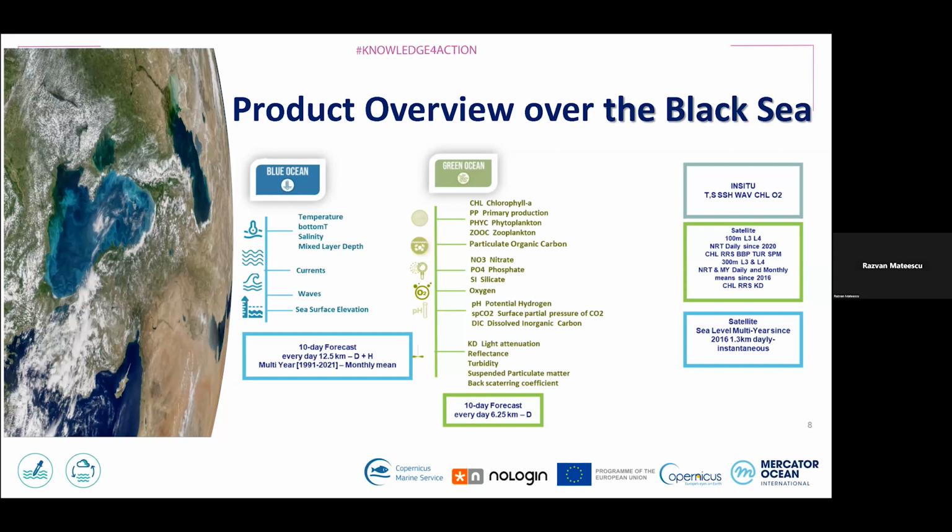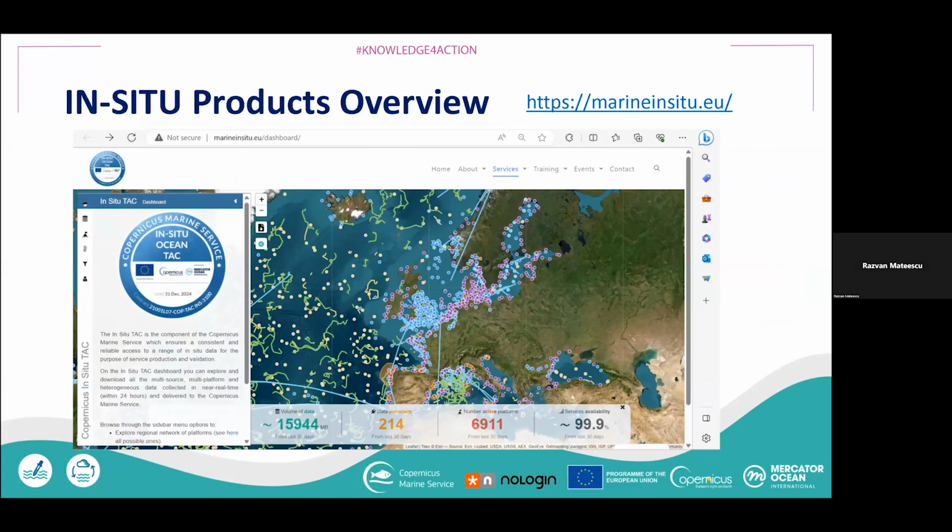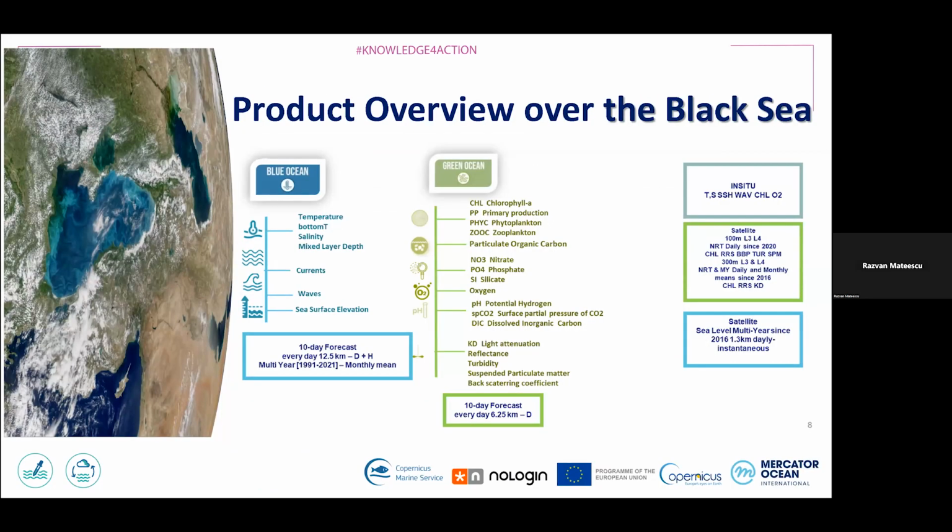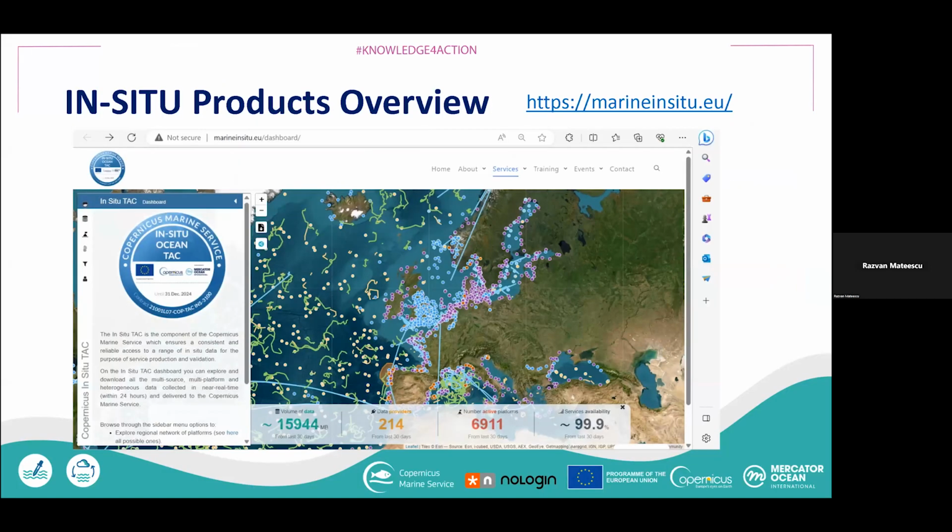For the Black Sea, for example, we have temperature, salinity, currents, waves, and sea surface elevation. Also for ecological studies, a series of parameters and indicators, and also forecasts related to all of this. Based on this data you can make various studies.